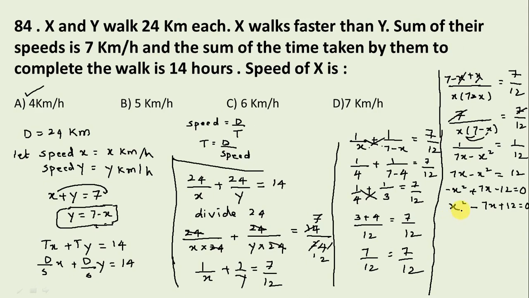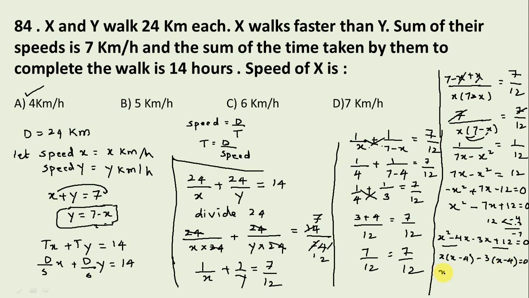This is the quadratic equation. We solve this very easily. Take factors of 12, that is 4, 3. Take minus sign, that it will become minus 7. So x square minus 4x minus 3x plus 12 is equal to 0. Take x common, x minus 4. Take minus 3 common, x minus 4.